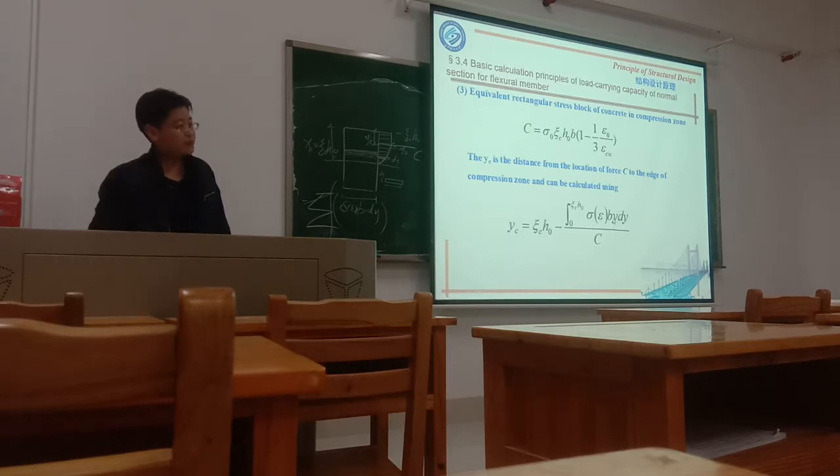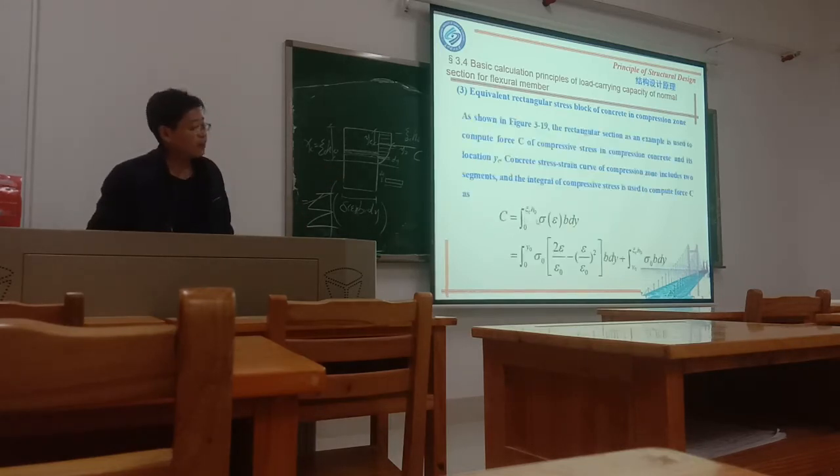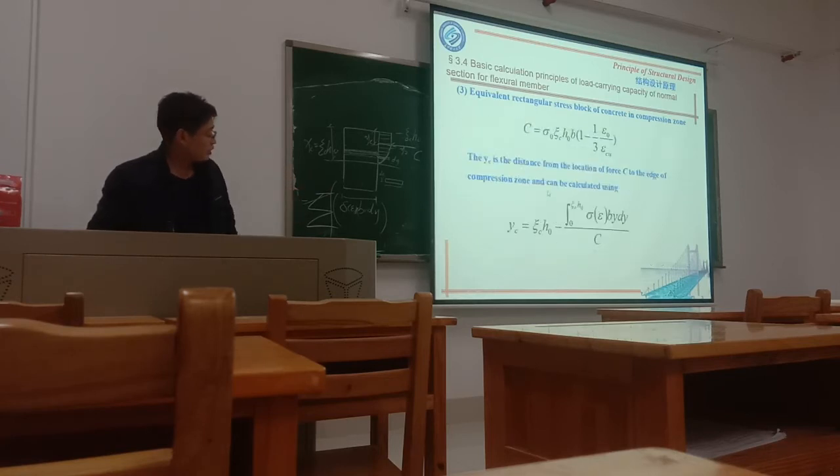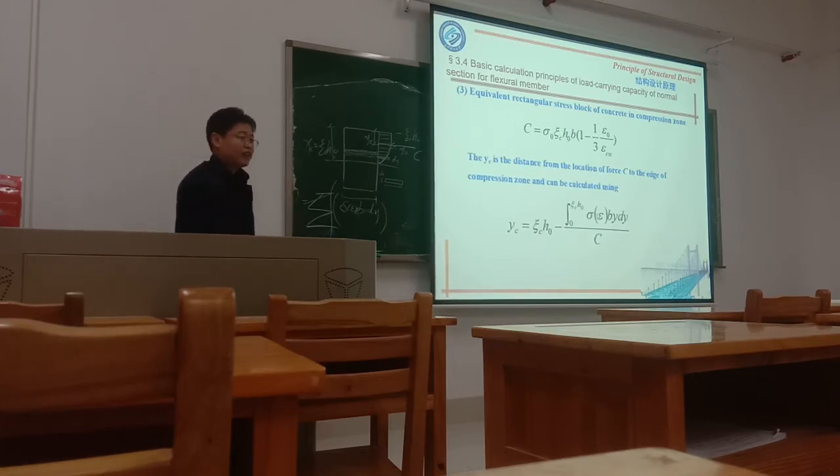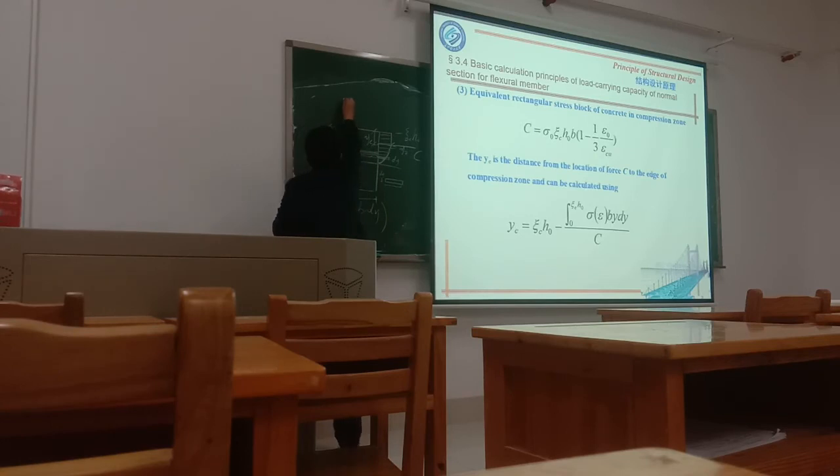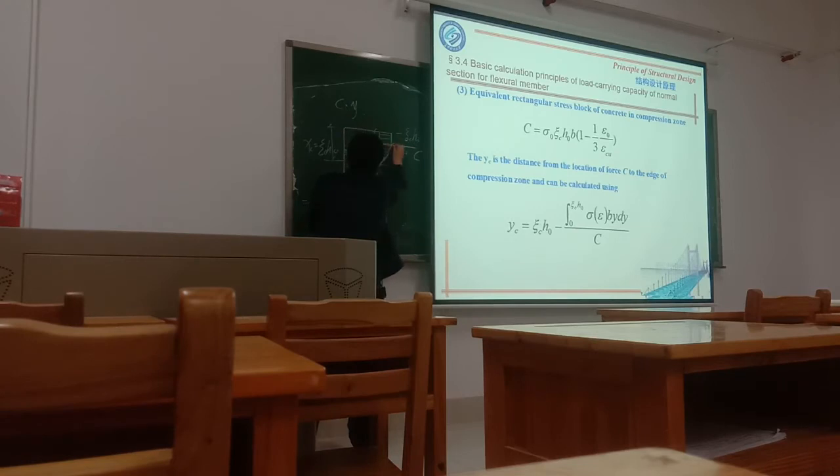Because we use this formula, the result is C. In this formula, the result is the inverse of C times C plus y, not yc, plus this distance.